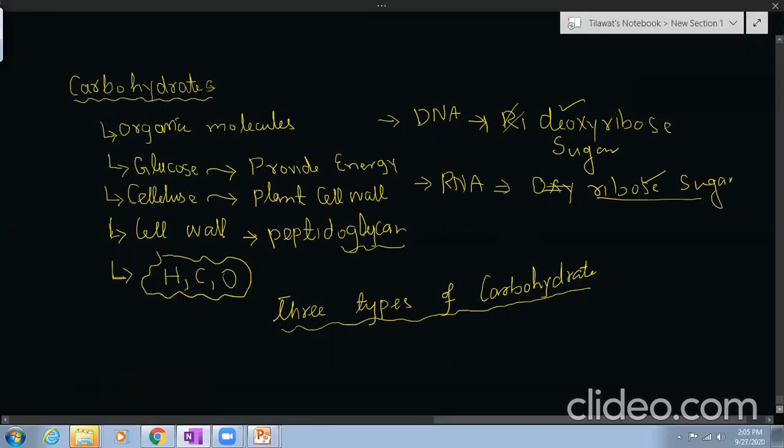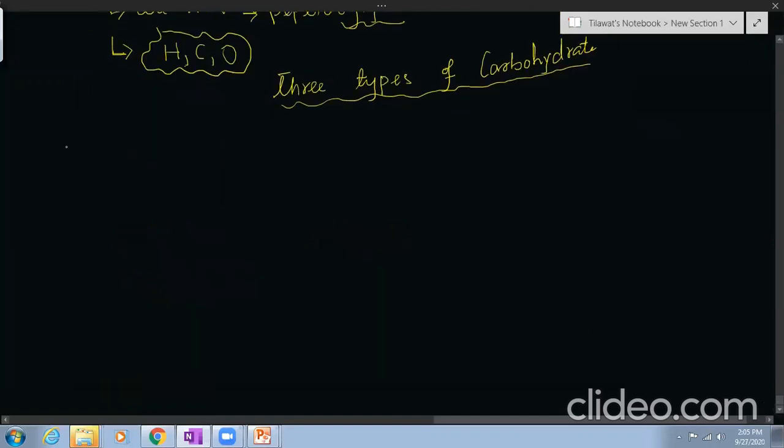There are three types of carbohydrates. The first one we have monosaccharide. Second one we have disaccharide.